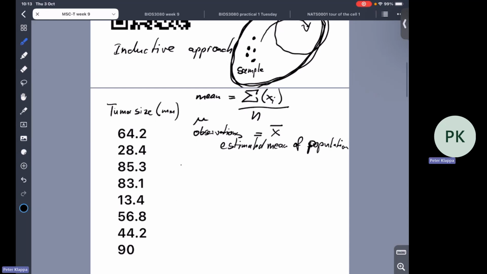I say 58.2 millimeter is on average the size of the tumor when a person dies. Great, fantastic. Amazing, I can actually do something with the data. I can make a prediction that is not just relying on these 8 or 10 specimens or observations. I can actually do something with it.